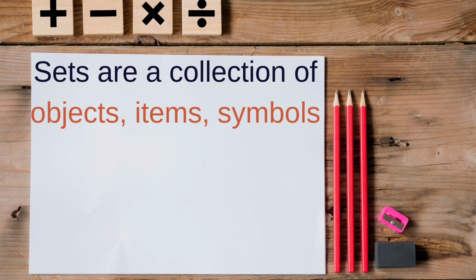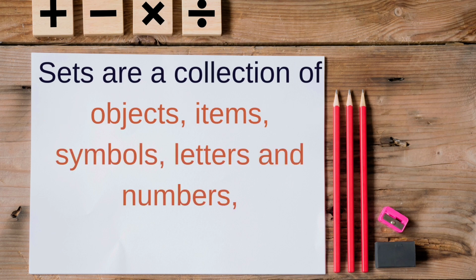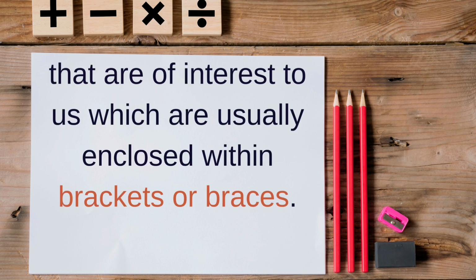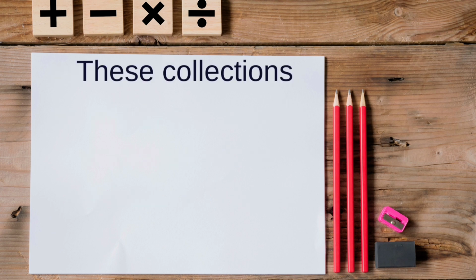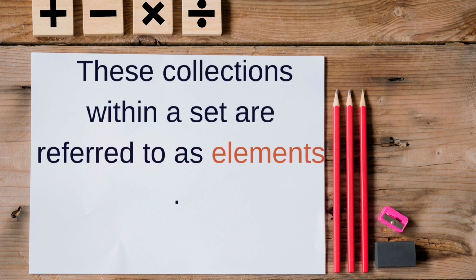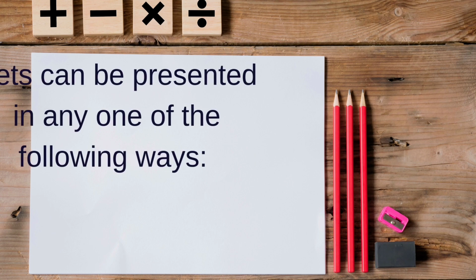And let's not leave out letters and numbers. These collections are usually items that are of interest to us, and they are usually enclosed within braces and or brackets. These collections are also known as elements.